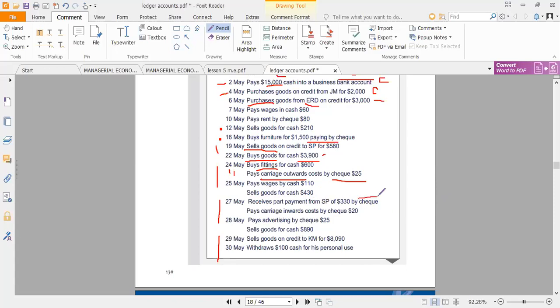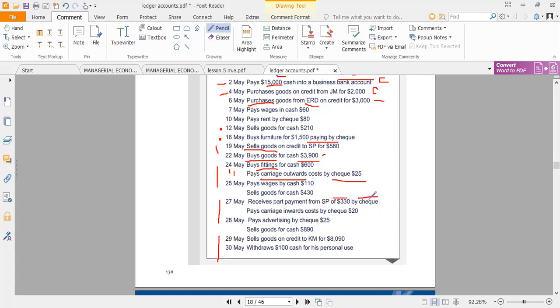So the bank account is receiving 330. Then SP, for him to pay us, he should have been our debtor. To increase our debtors, we debit them, but to reduce them, we credit our debtors. So here we're going to debit the bank account and credit the debtor's account to reduce it.